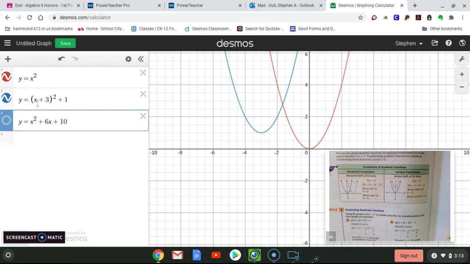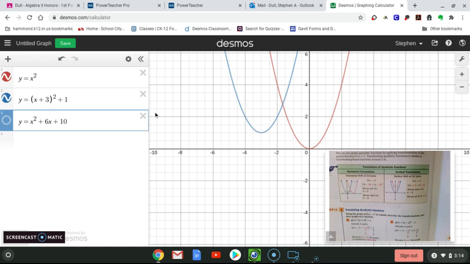If we expand out (x plus 3) squared, you get x squared plus 6x plus 9, plus 1. That's x squared plus 6x plus 10. So these two are different forms of the exact same function. And one of the things you notice here is that vertex form gives us some information that we don't get from the standard form, specifically where the vertex is located. So that's some really, really useful information.